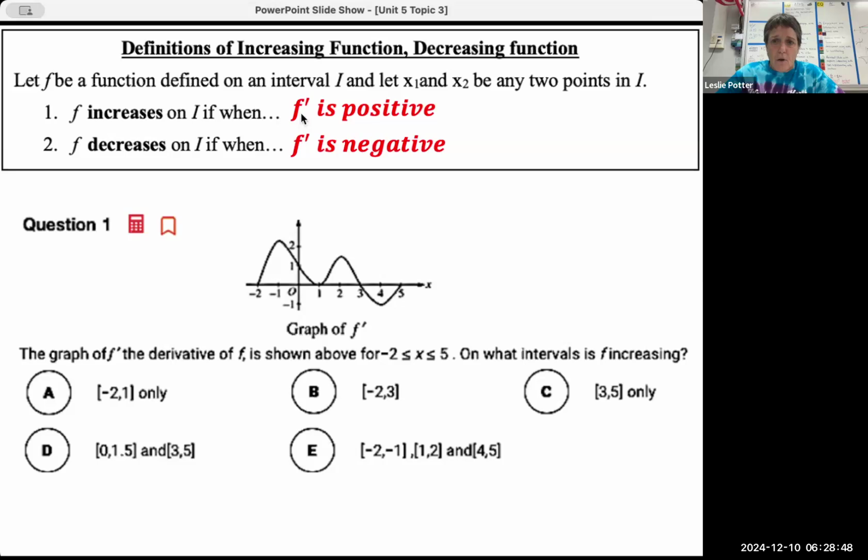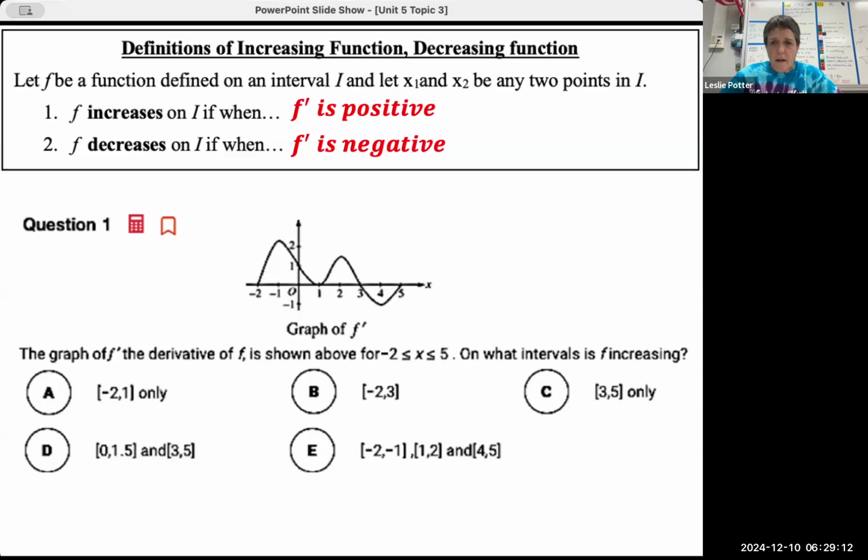We say, okay, well, if this is the derivative, then I need to know where the derivative is positive. And of course, this horizontal axis here is going to divide the positive values from the negative values, right? We're looking on the y-axis now. So the derivative is positive here and here and here and here. It stays above that horizontal axis.